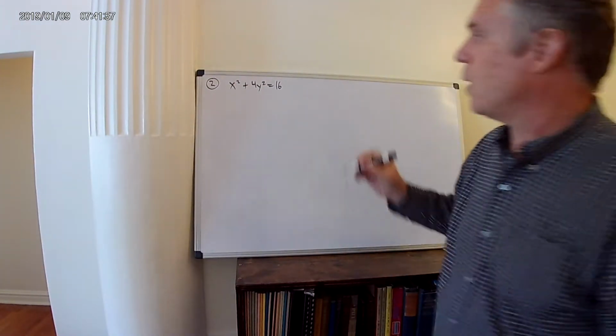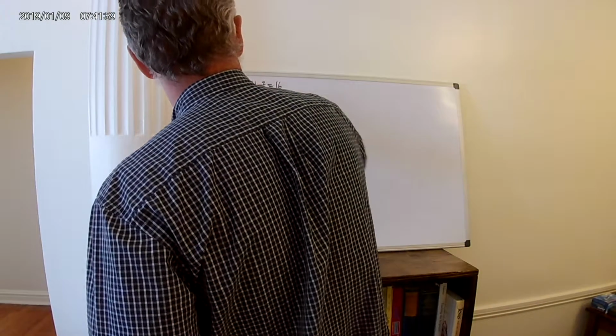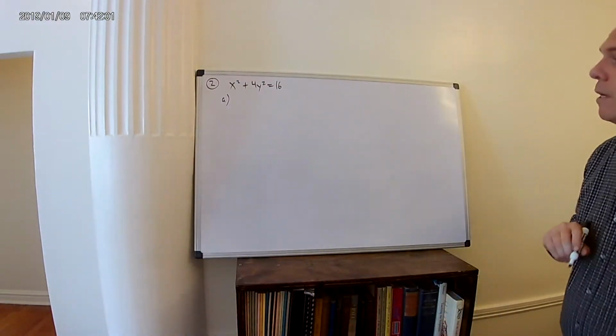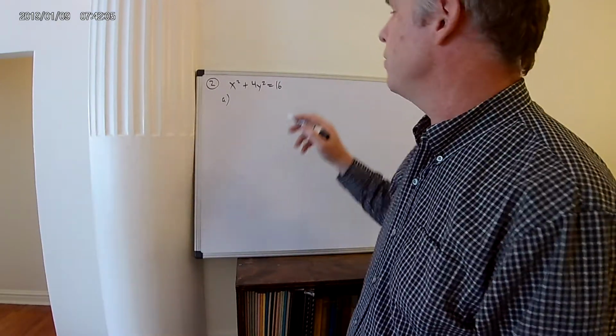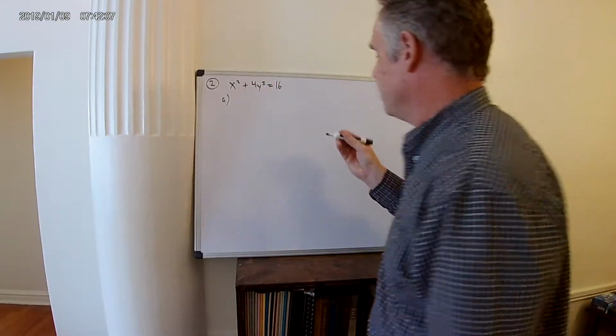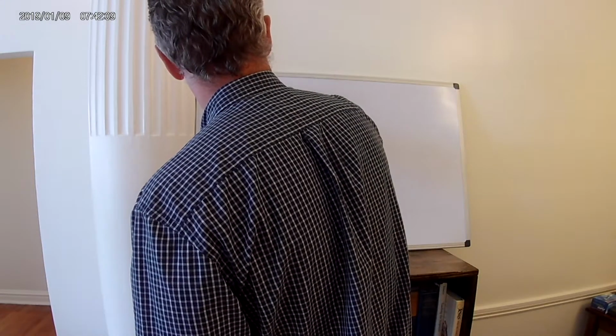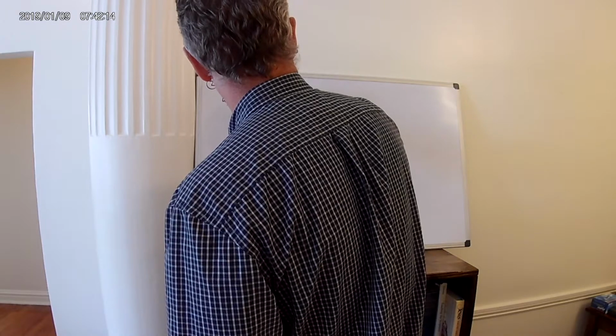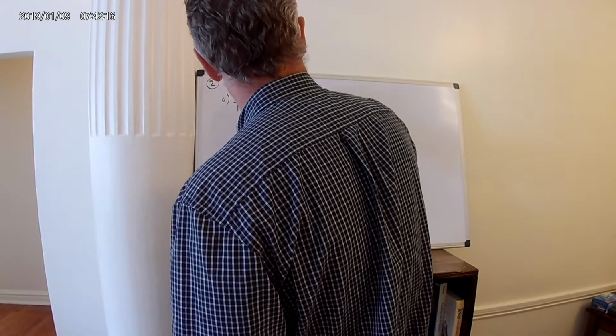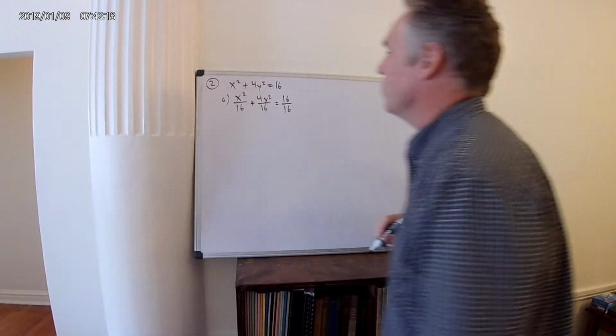In the first part, let's write this equation in standard form. To do that, the technique we use is we divide this whole equation by 16. So I get x squared over 16 plus 4y squared over 16. On the right, I get 16 over 16.